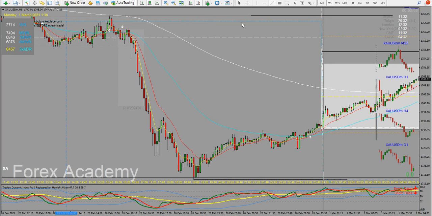Now I identify my order blocks. Here's the order block that is responsible for taking the market to drop, this green candle.